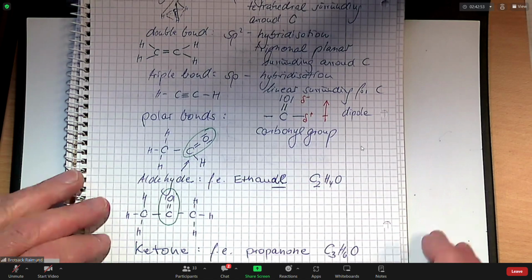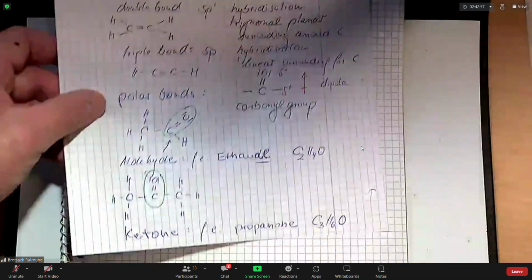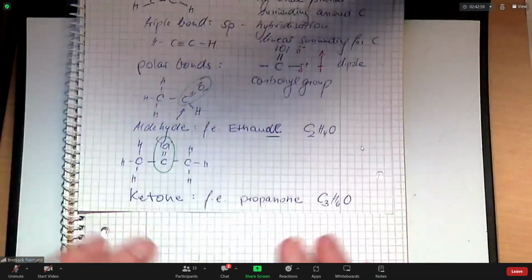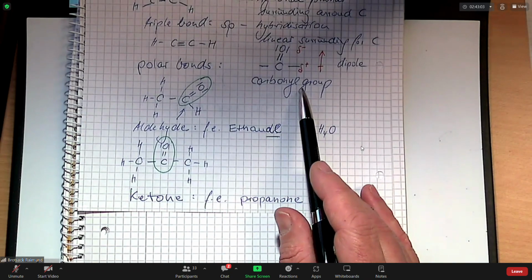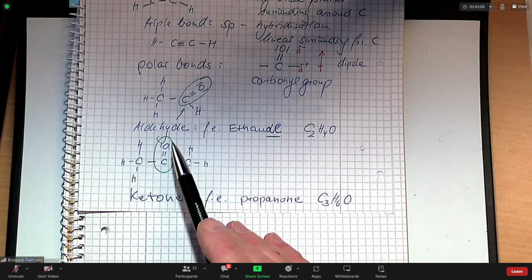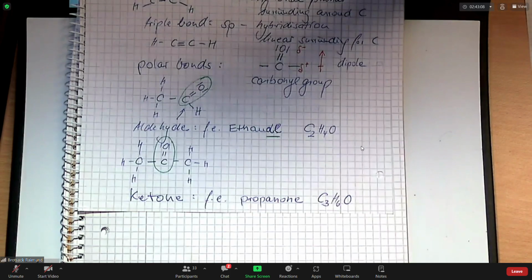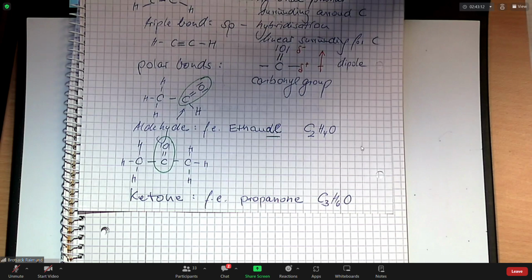And there is a special other molecule. So the carbonyl function is very important. Aldehydes, ketones, and there's even one other molecule where the carbonyl function is part of.